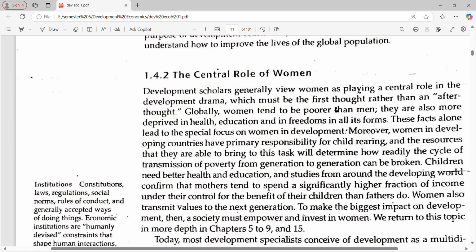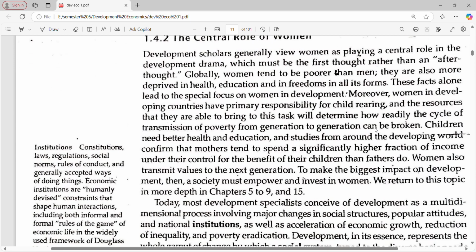Then you have the role of women in development. So, women, we all know that women play a central role in development. Their empowerment is crucial for breaking the cycle of poverty. Women are generally poorer and more deprived in health, education, and freedom compared to men.